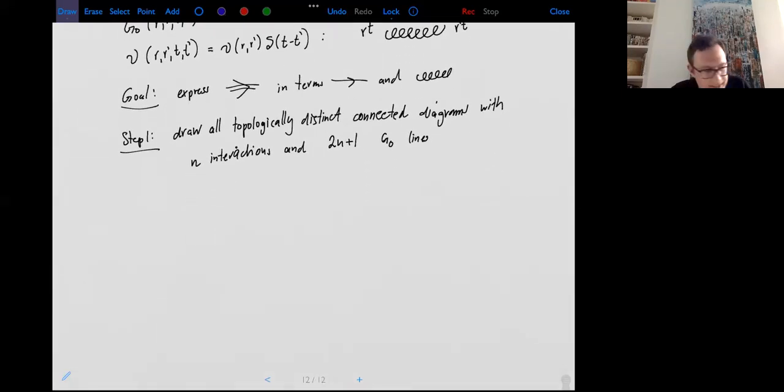Connected means that the diagram doesn't consist of two parts.